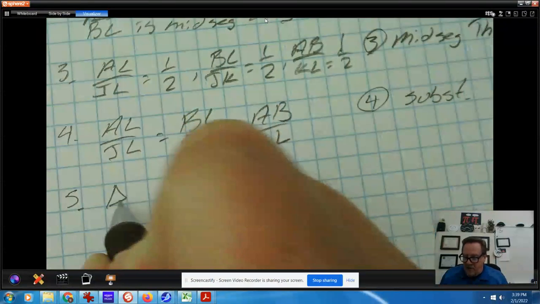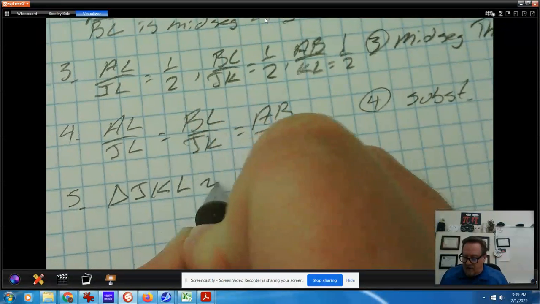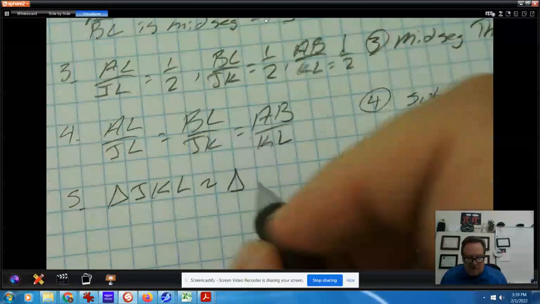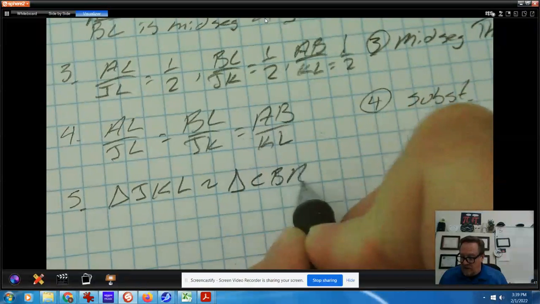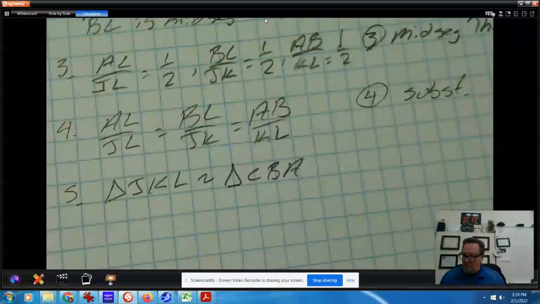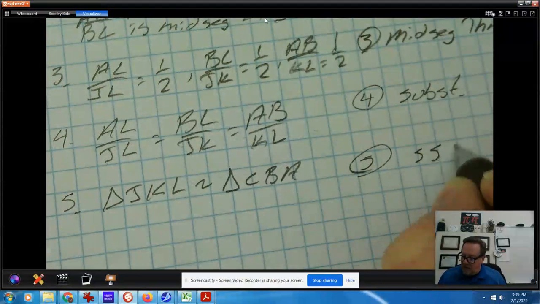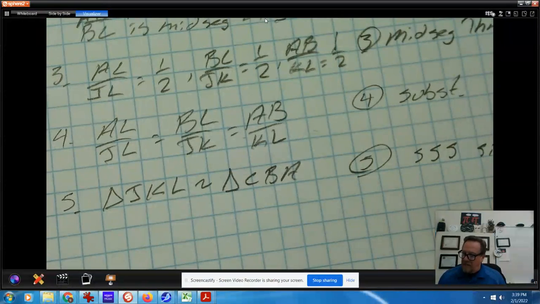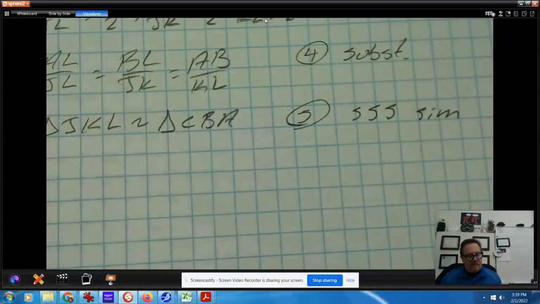We can now say triangle JKL, that's what we're trying to do, is similar to triangle CBA. And the reason I'm saying that is because that's what we're supposed to be proving right there. Why is that true? Side, side, side, similarity. Right there. Side, side, side, similarity. Okay? Groovy.